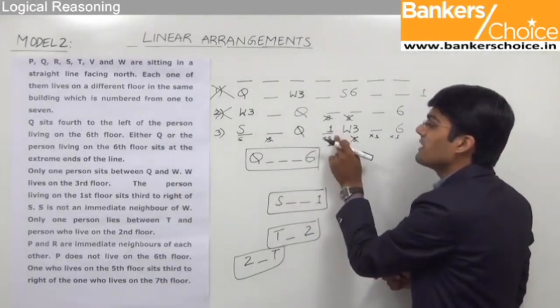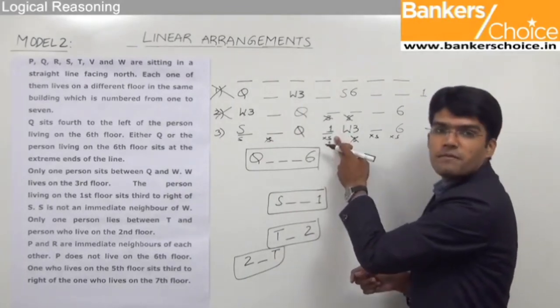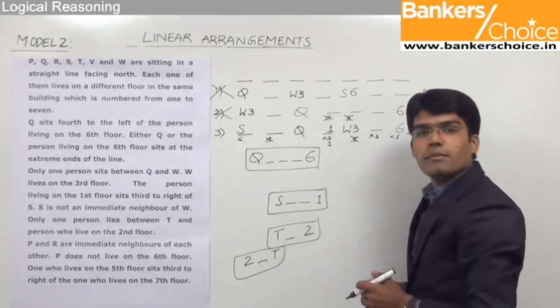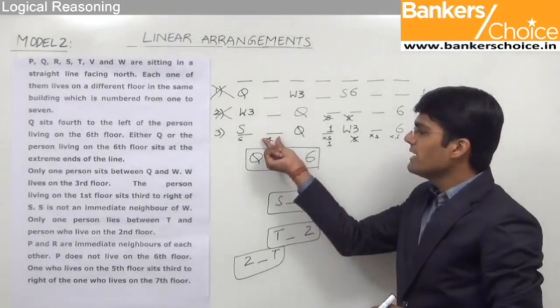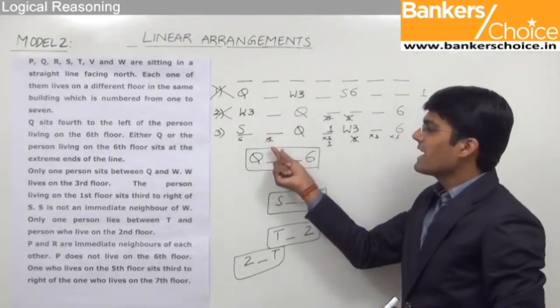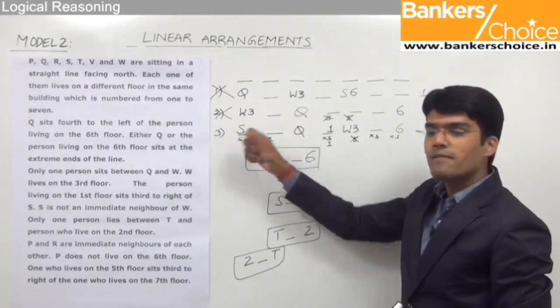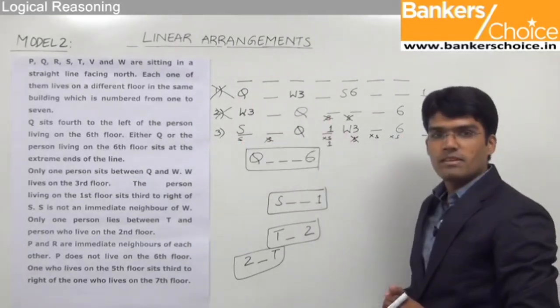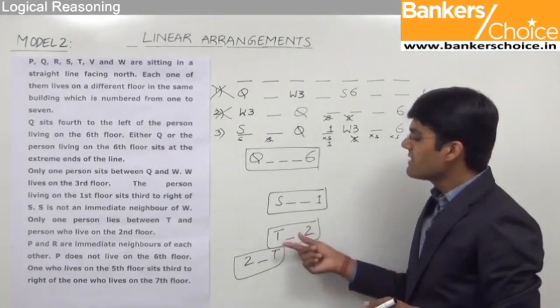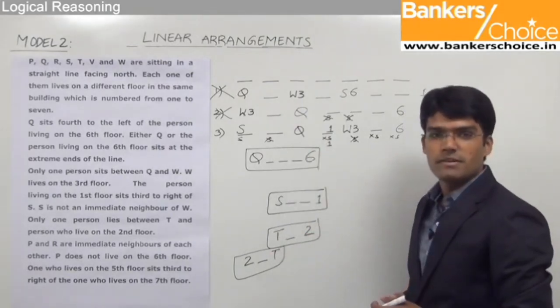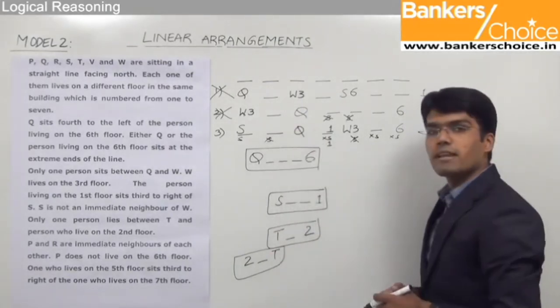But as this position has already been taken by the person living on first floor, it cannot be occupied by the second floor person. So very clearly, if we try to put T in the second position, the second floor person cannot be either on the left or on the right. Therefore, T cannot take the second place, as none of these conditions can be adjusted in this arrangement. So T cannot come on second position.